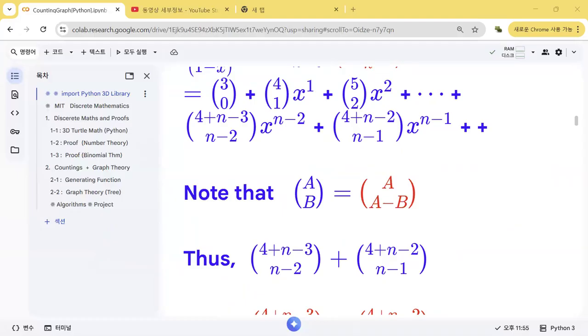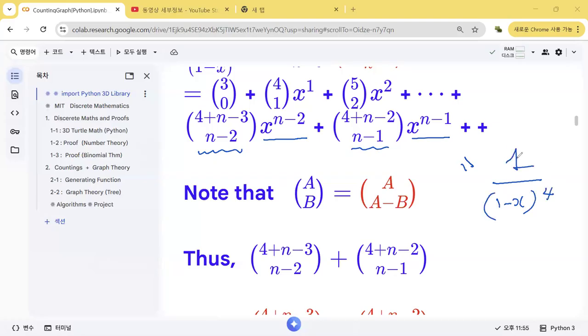In general, the coefficient of this is given by this. So this is 1 over 1 minus x to the fourth.